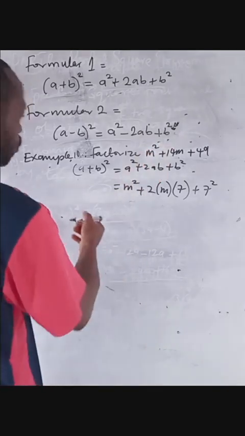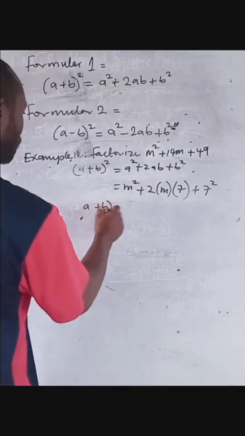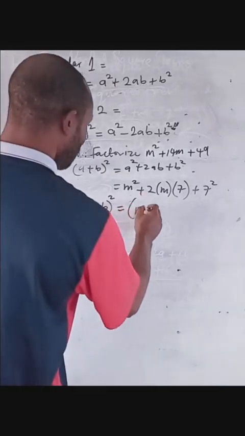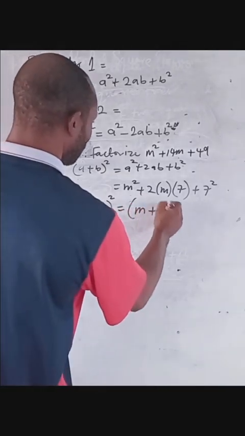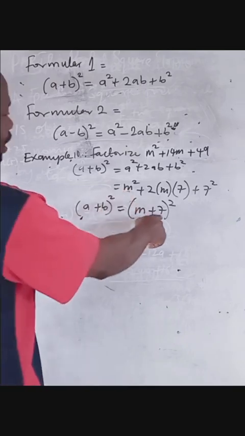So if our expression is going to take the form a plus b squared, therefore we are going to have m plus 7 squared. So m multiplied by m is m squared, 7 multiplied by 7 is 7 squared.